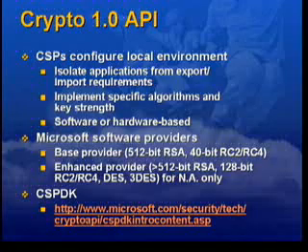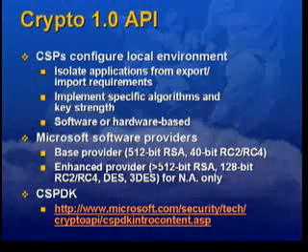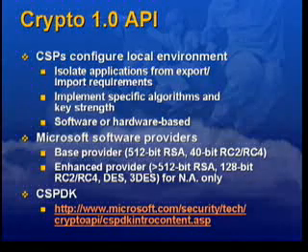And also you have 128-bit RC2 and RC4, plus DES and 3DES. And here is a pointer to a website where you can obtain information on how to get the Windows CE CSP Developers Kit. Actually, there is one CSP that works for Windows CE, Windows NT, and Windows 98.